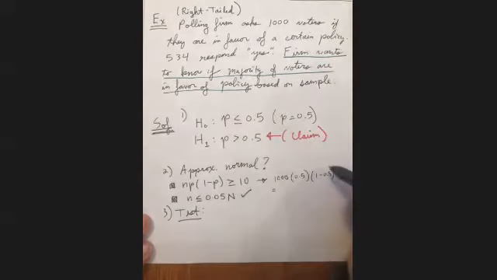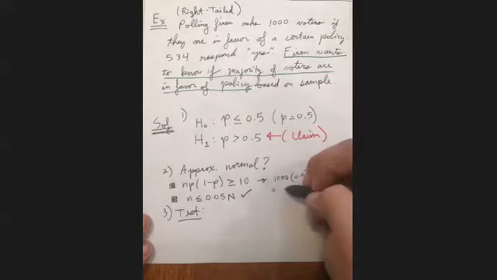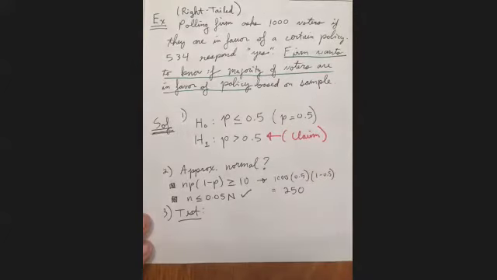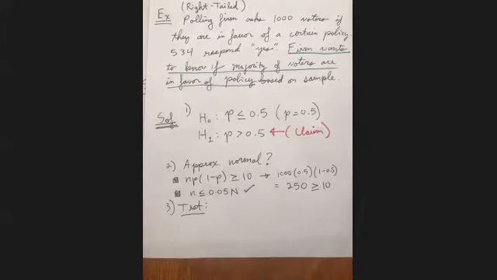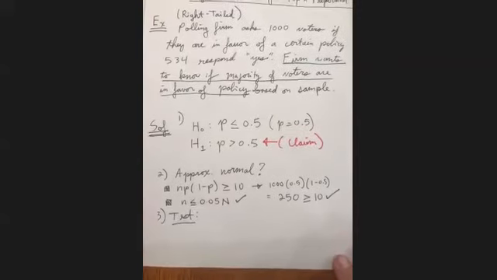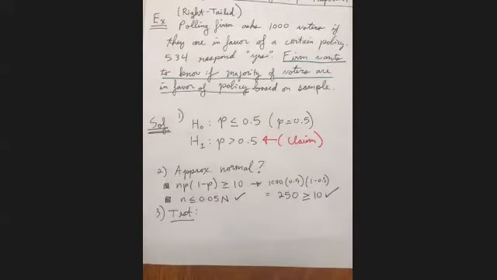So that's going to equal 250, which is definitely greater than 10. So now we know that the sample distribution is approximately normal. That's absolutely essential in order to conduct the hypothesis test. If we don't have normality, then things get complicated.